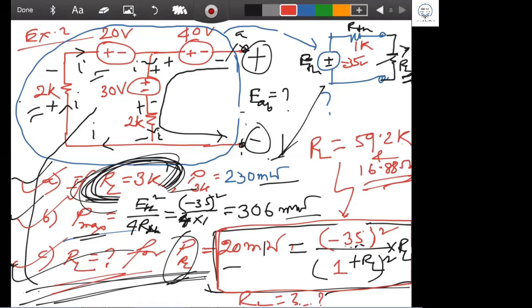Now, I'm going to solve one more problem, and that's the end of the class. And that is the most important thing, the same type of thing. You have to find the Thevenin's theorem, and from the Thevenin's theorem you have to find the maximum power transfer. So you need to go for finding the maximum power transfer for this problem.